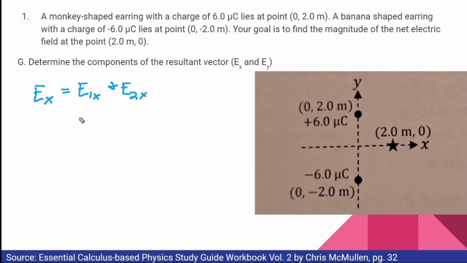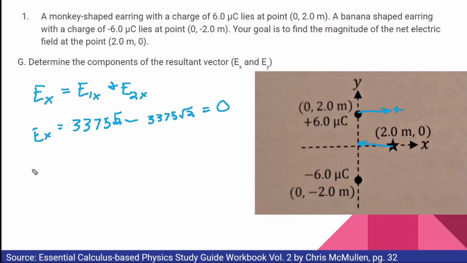We know that from our first vector, it has a value of 3,375, and it is positive because the x from the first vector is positive, while the x component from our second vector is instead negative because it is moving left. This results in our x component of the net vector being 0.